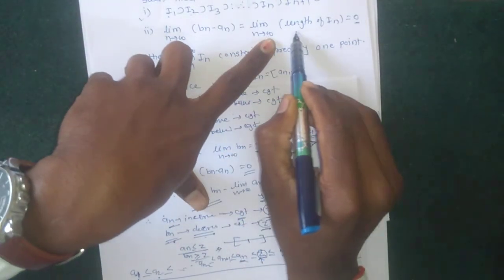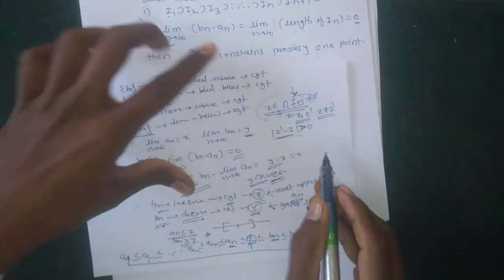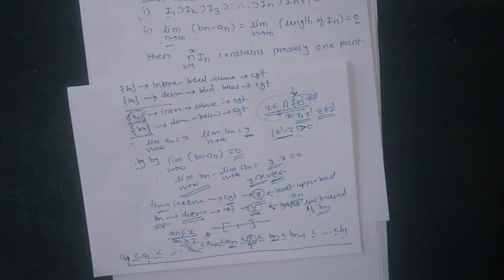But our hypothesis says that the limit as n tends to infinity of the length of In is 0, so the distance between any two points of the interval tends to 0.